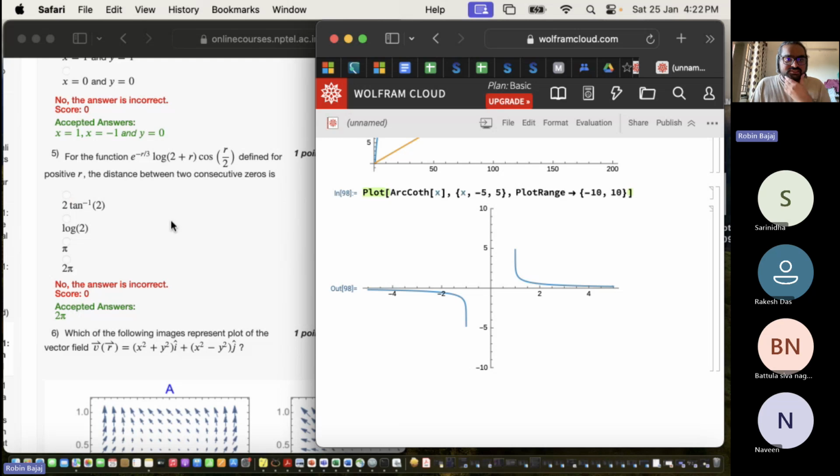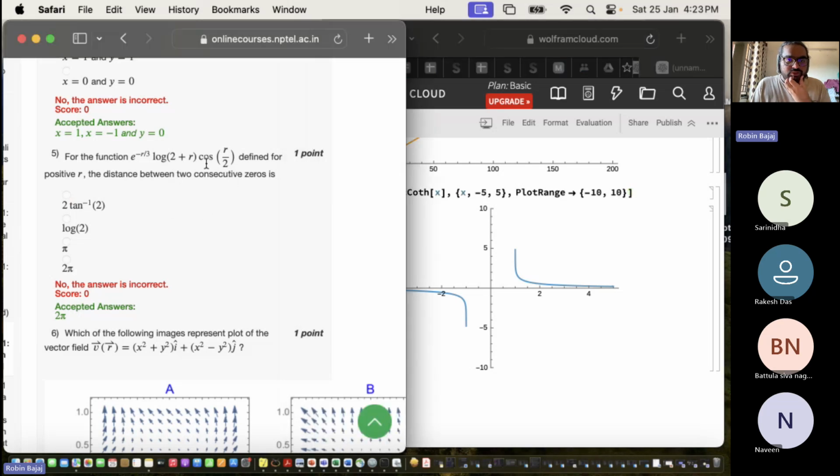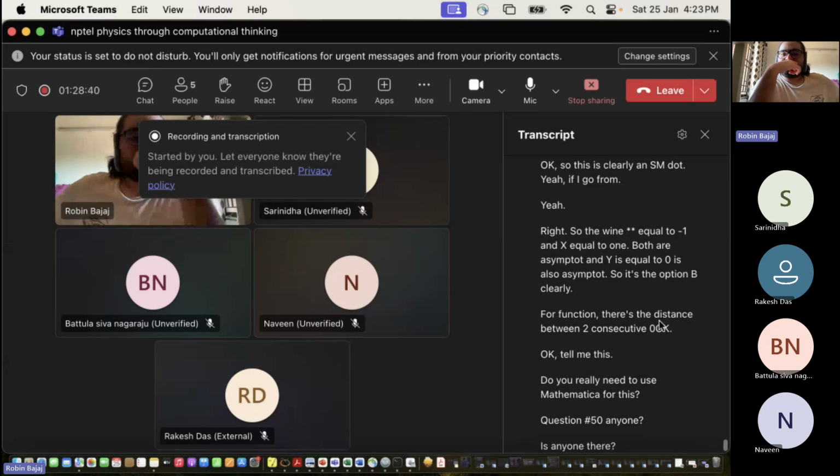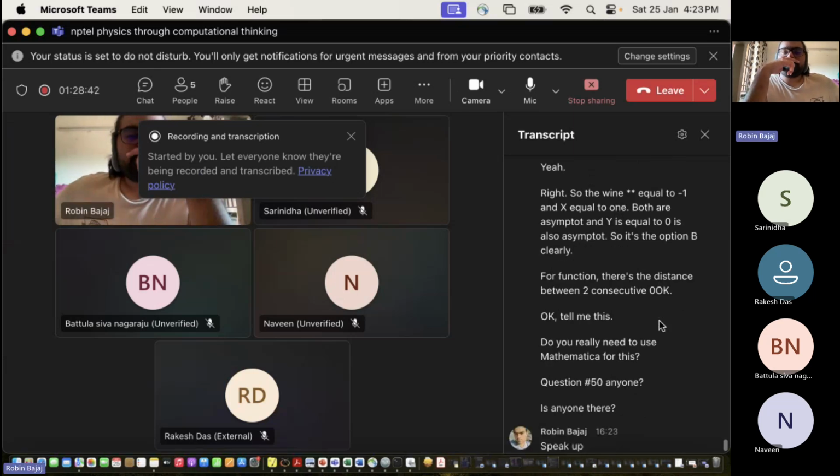For this function, the distance between two consecutive zeros. Okay, tell me this. Do you really need to use Mathematica for this? Question number 5. Anyone? Is anyone there? Speak up. No need to be shy.